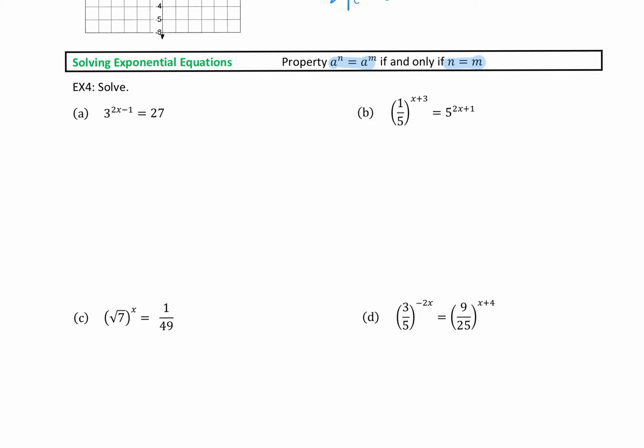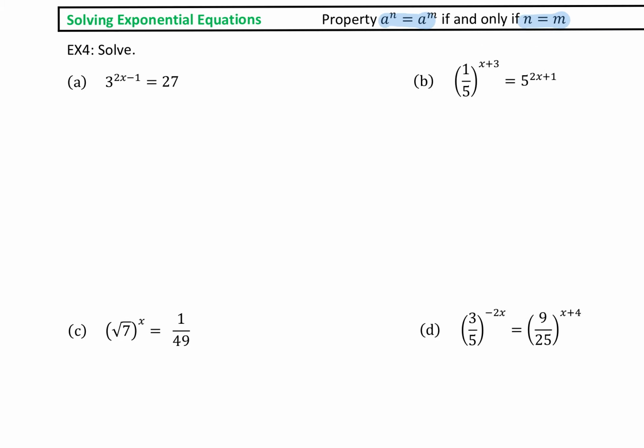So for example, in part A, I have 3 to the 2x minus 1 is equal to 27. And I see I have this base 3 on the left-hand side, and I know I can write 27 as 3 to the third power. So this becomes 3 to the 2x minus 1 equal to 3 to the third power. And by that property, the only way this equation can be true is, ignore the base, you can cancel them, if the exponents are equal.